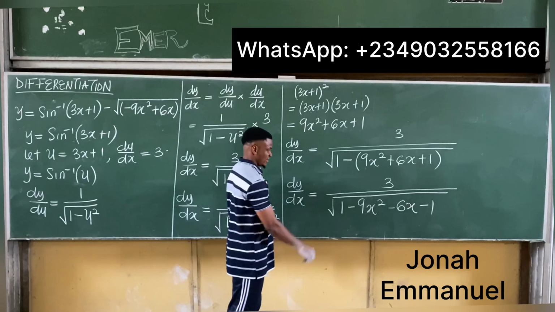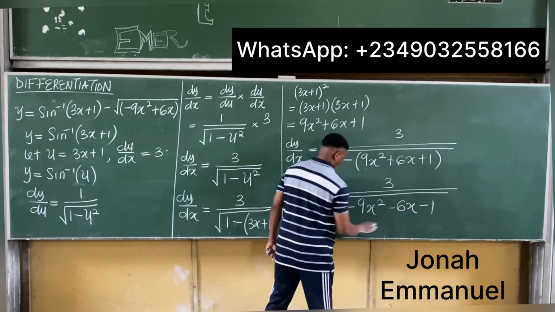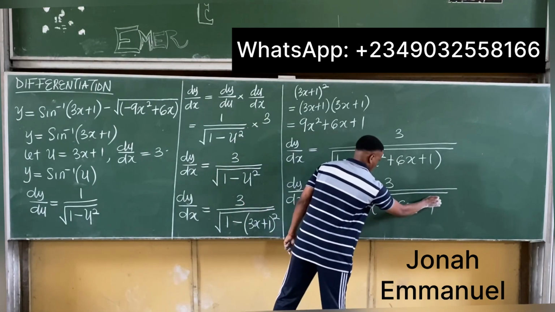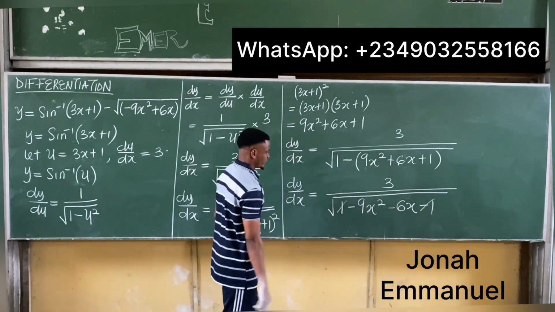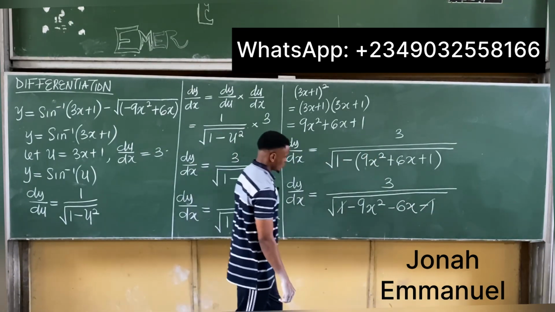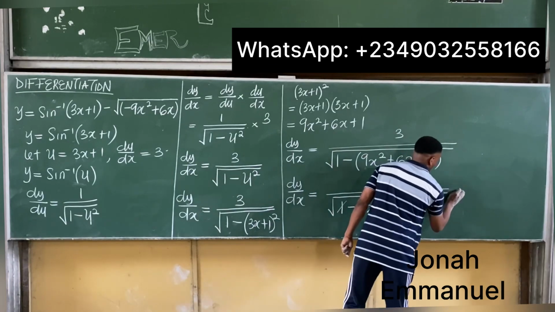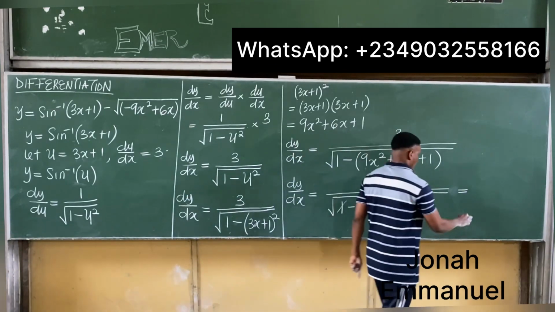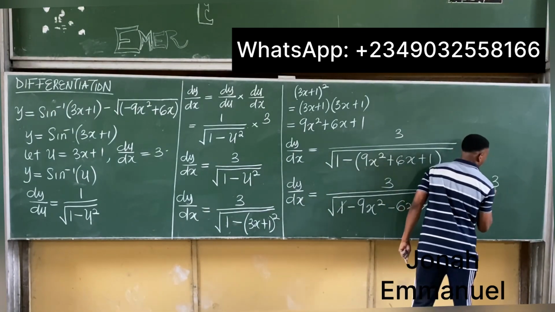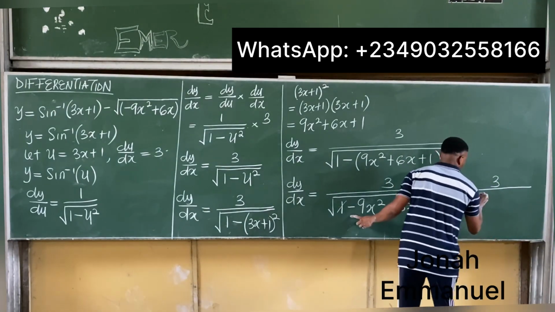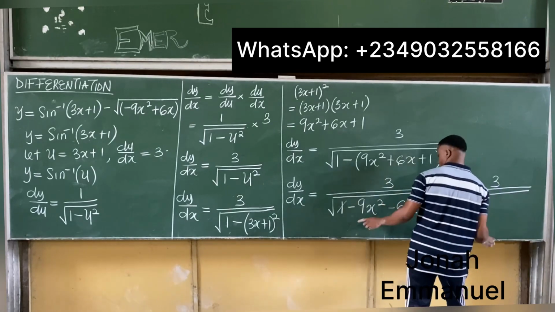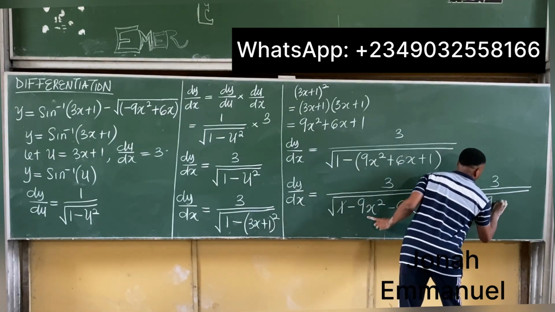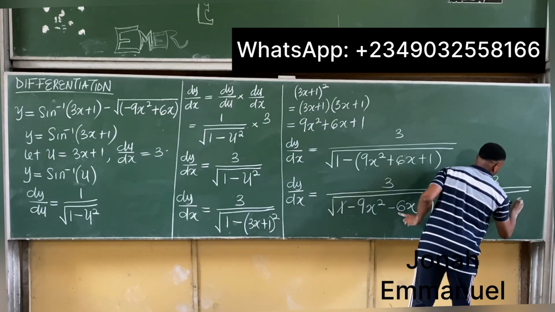So obviously I can see plus 1 minus 1. So plus 1 cancels minus 1 and it's off. If this is true, my final answer should look like 3 all over the square root of minus 9x squared minus 6x.